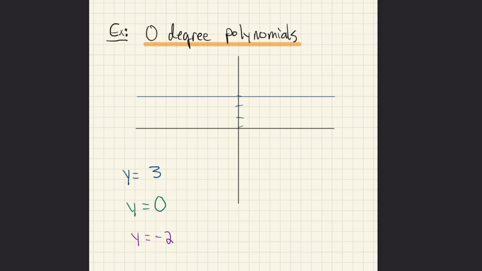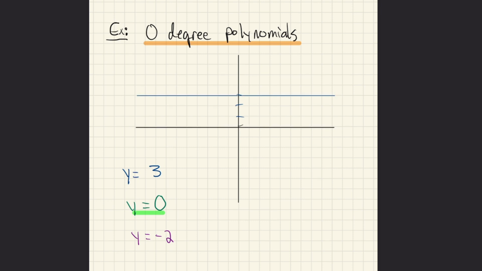And then we're going to graph, and I'll do this one in highlighter just because it's going to be kind of hard to see, y is equal to 0. So we're going to go right to the 0 line and graph that. And then y is equal to -2. We're going to go to -2, and then a horizontal line that goes this way.